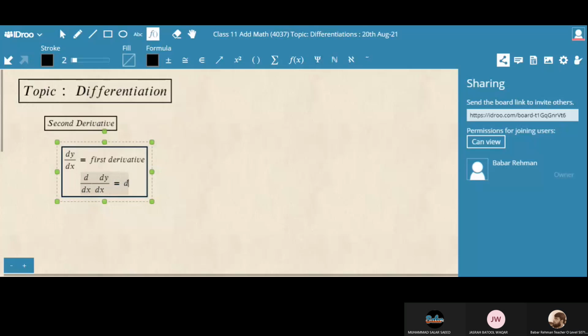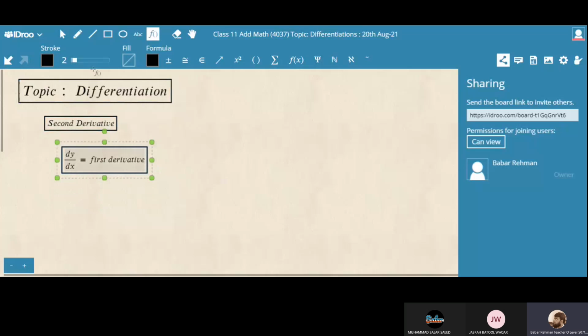It can be written d square y by dx square. Let me write over here.